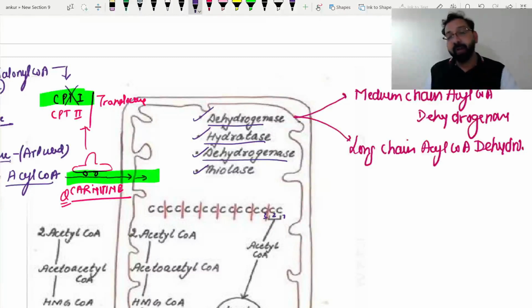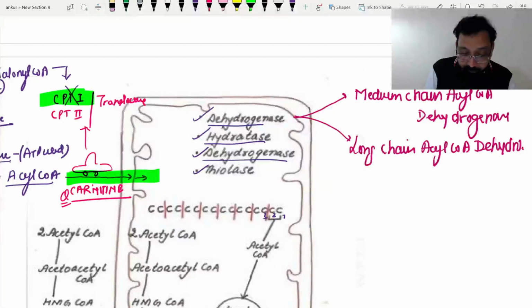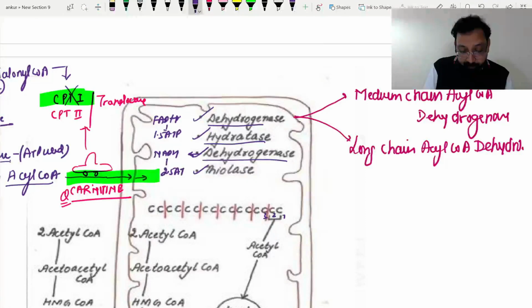And in complete biochemistry, wherever dehydrogenase is there, removal of hydrogen is taken up by FAD. First dehydrogenase, hydrogen is taken by FAD to form FADH, and FADH will produce 1.5 ATP. Second dehydrogenase produces NADH, which will produce 2.5 ATP.